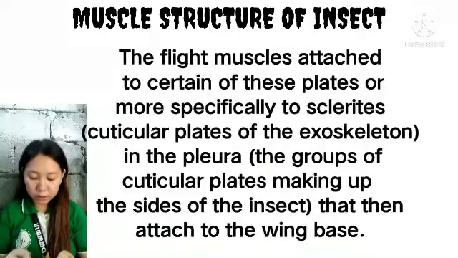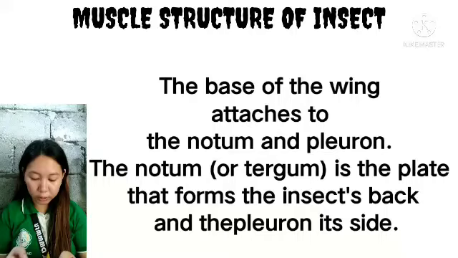The flight muscles attach to certain of these plates, or sclerites, of the exoskeleton in the pleura, the group of cuticular plates making up the sides of the insect, that then attach to the wing base. The base of the wing attaches to the notum or tergum, the plate that forms the insect's back, and the pleuron, its side.